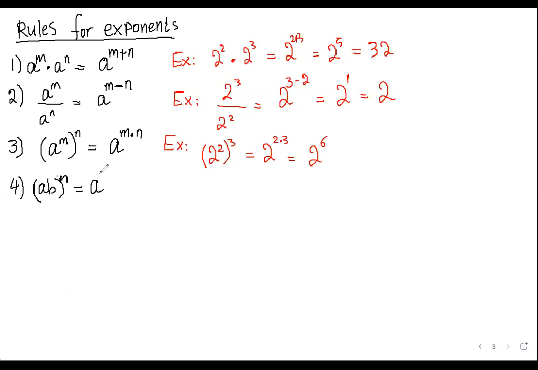This is equal to a to the power n times b to the power n. Example. If I have, for example, 2 times 3, all of this to the power 4, it is equal to 2 to the power 4 times 3 to the power 4.